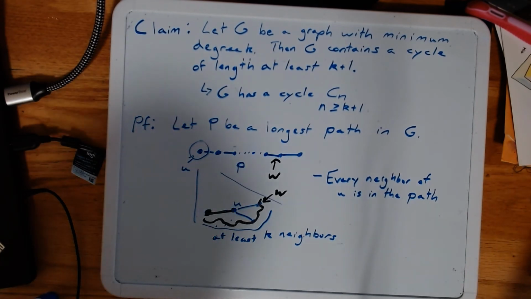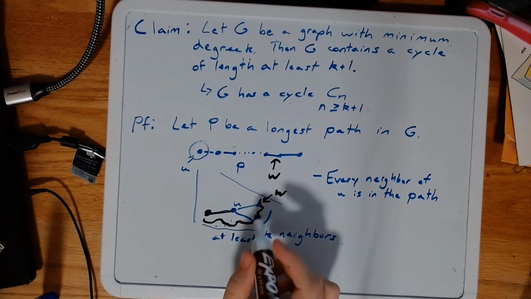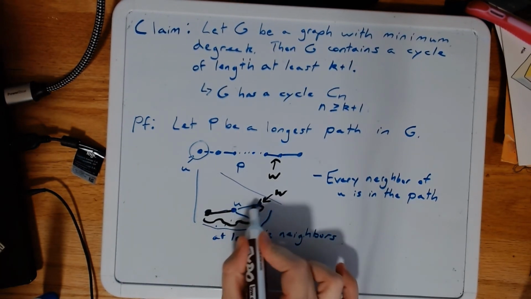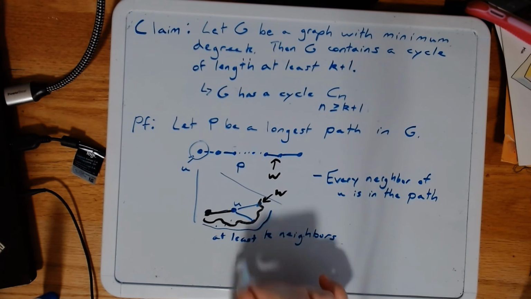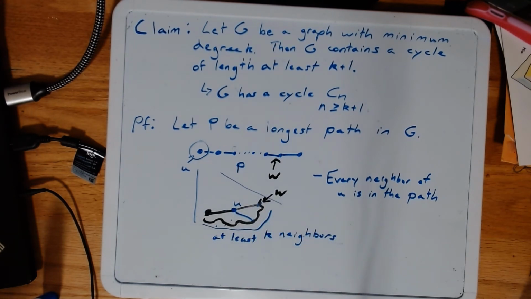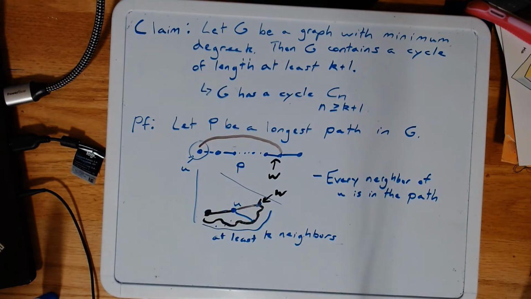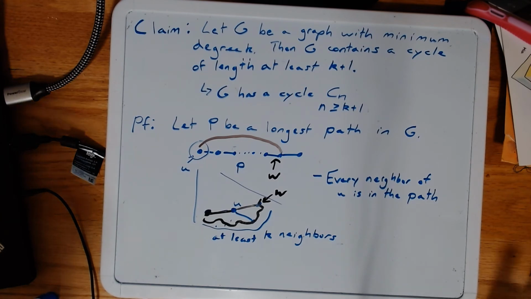Well, now we're going to add in an edge. Right? W is a neighbor of U, so there's an edge there. So let's grab that edge. And now we have a cycle. Well, what's the length of this cycle?